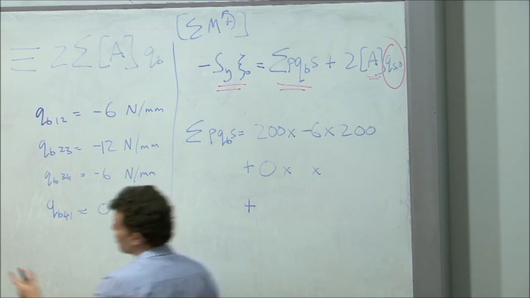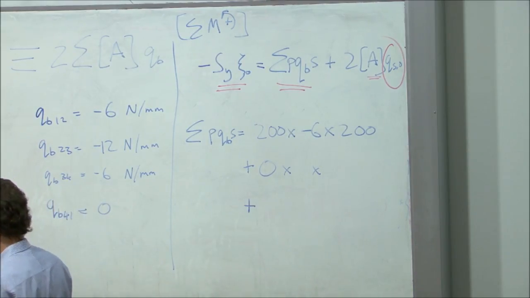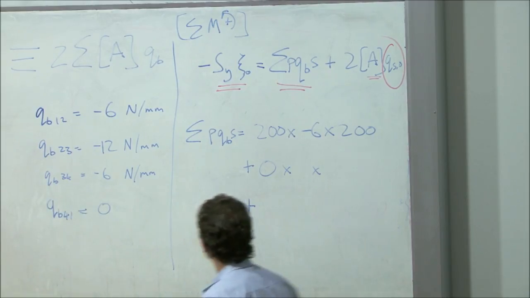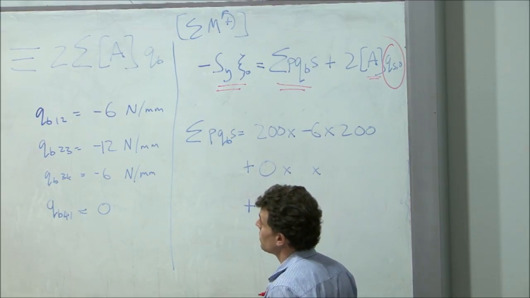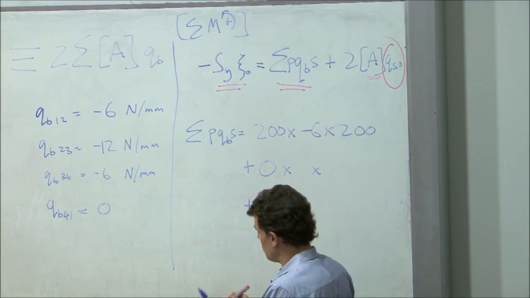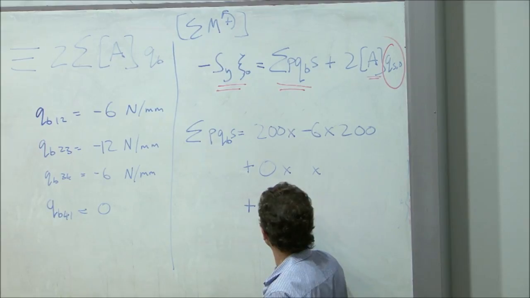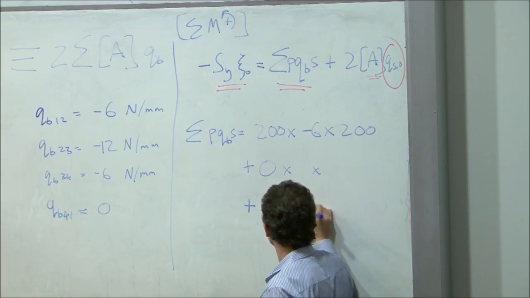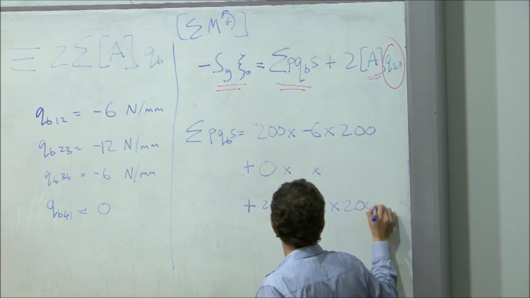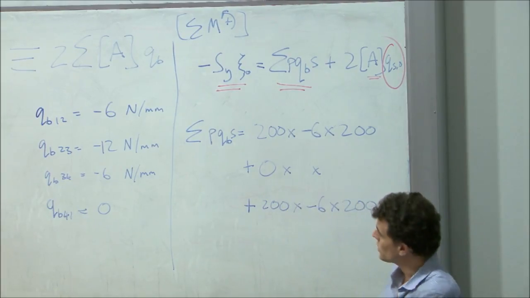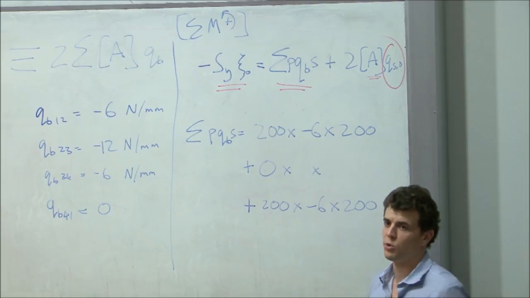Now for 3, 4, so it's 200 times minus 6 times 200 again. So it's the same as the top flange. The top flange and the bottom flange are the same.